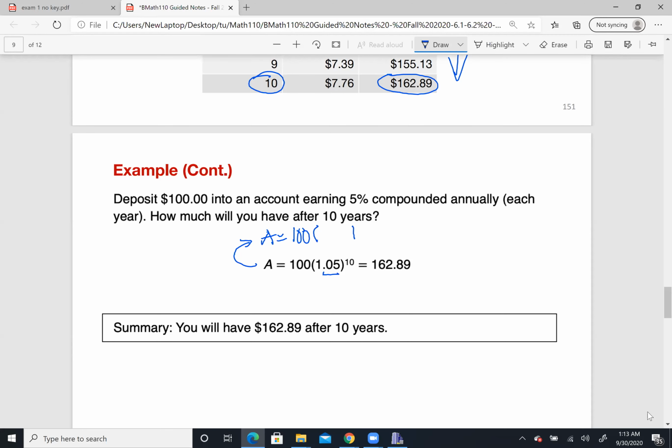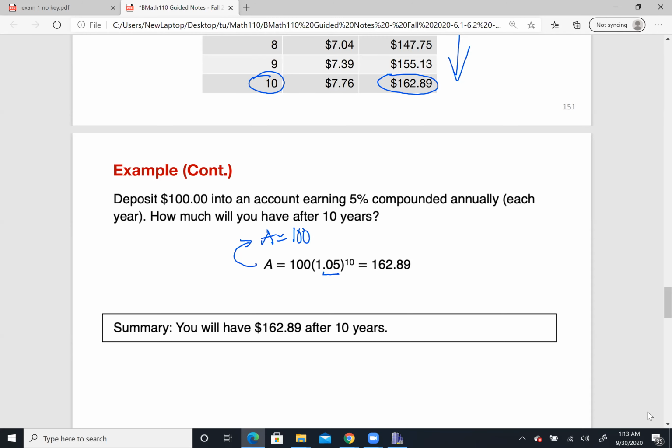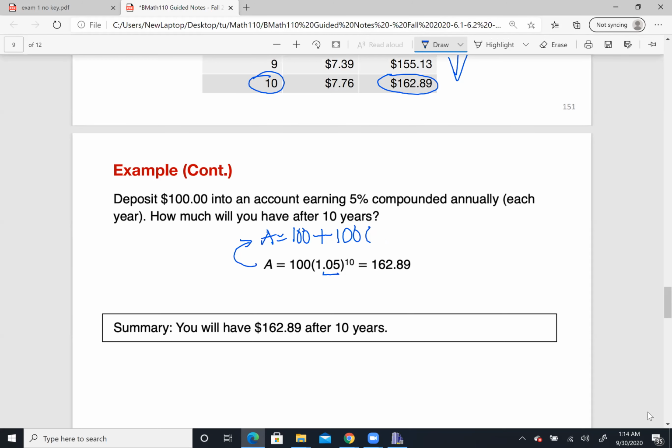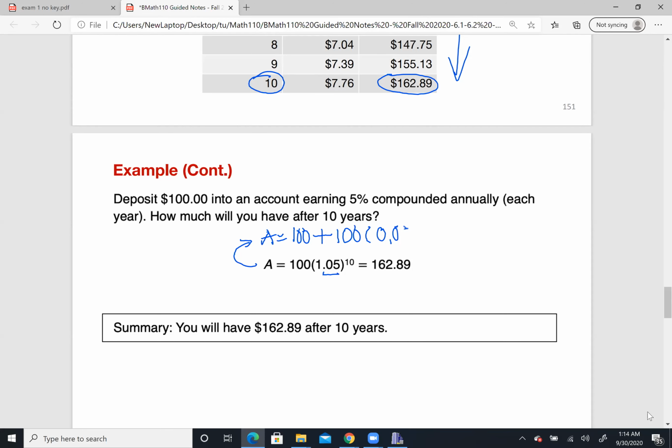I'm sorry, I'm going to have 100 plus 100 times 0.05.